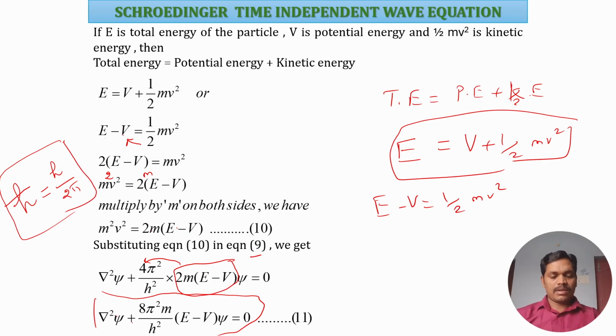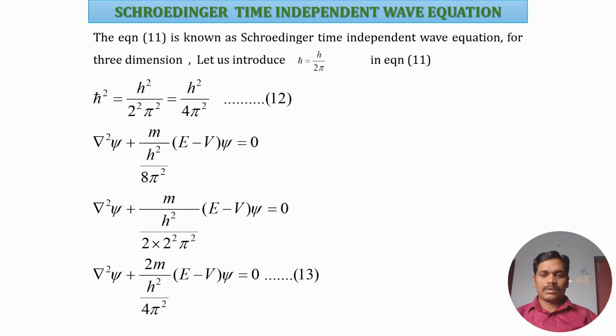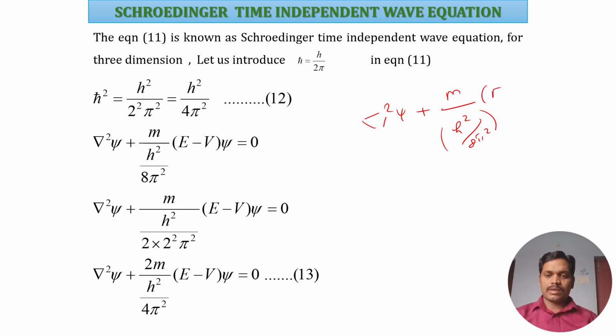In this equation, you can rewrite it like del square psi plus m by h square by 8π square, since we have an 8π square m here, which you can rearrange into E minus V into psi equal to 0.